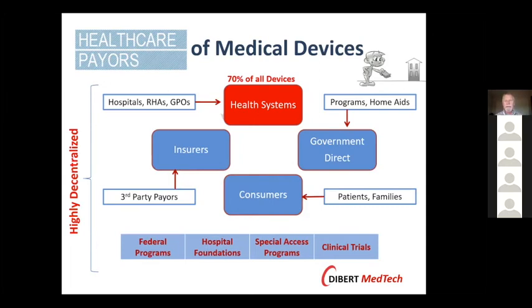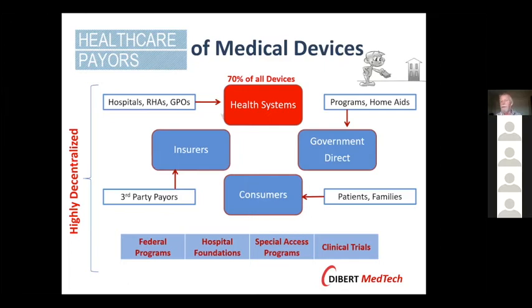Those were not health system devices, they're insurance payer devices. So the insurers will pay for medical devices as well. Basically, if an insurance company pays for a pharmaceutical, they will also cover a medical device if they're provided the evidence and the rationale for why it should be paid for.